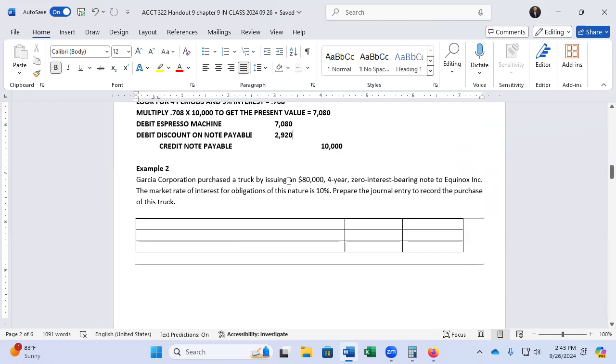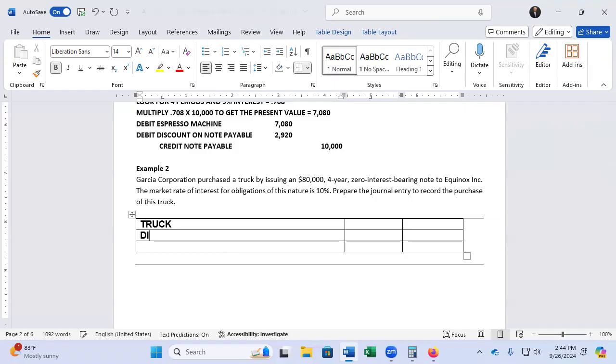Garcia purchased a truck by issuing an $80,000 four-year note, zero interest bearing, to Equinox. The market rate of interest for obligations of this nature is 10%. Prepare the journal entry to record the purchase of this truck. So again, we know it's going to be truck, long-term asset, and then we're going to have discount on note payable, and then note payable.